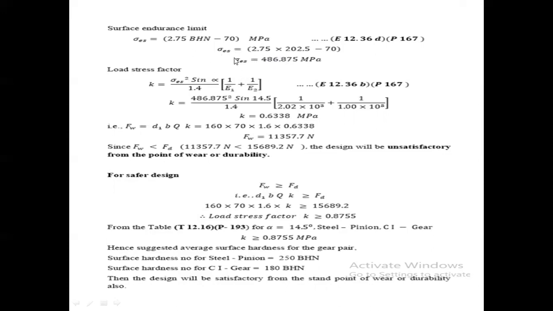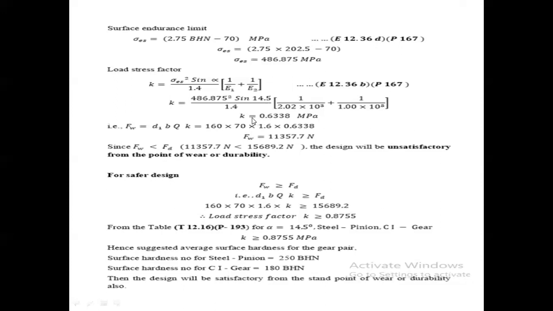Next, substitute that surface endurance limit in the load stress factor equation. K is given by this equation using the modulus of elasticity for both pinion and gear, which I can get from equation 12.36b. Substitute here, where alpha indicates the 14.5-degree involute form, and sigma E square is 486.875.